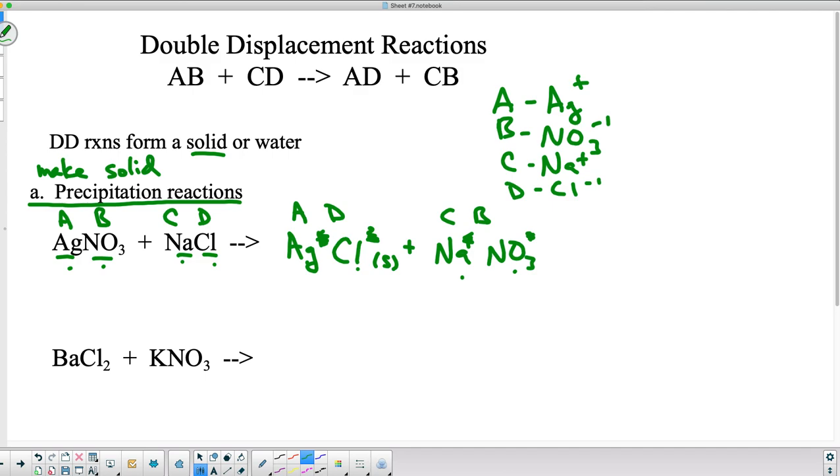So let's go through the same process now with the second example. The second example here has BaCl2. That means that my A is going to be Ba with a +2, because Ba has a +2. Cl has a -1, which is where that 2 comes from the crisscross, and that's the B. And then the C here is K with a +1, and the D is NO3 with a -1.